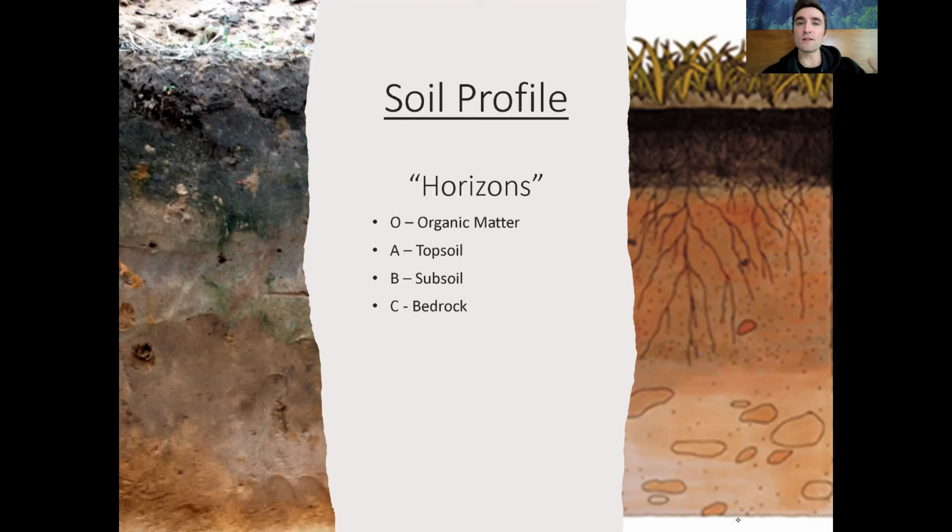And surprise, surprise, it's where the vast majority of your plant's roots exist. So at least 40% of the roots of plants are up in the very top layer of soil. But oftentimes it's much more of a percentage of plants' roots exist only in that topsoil.